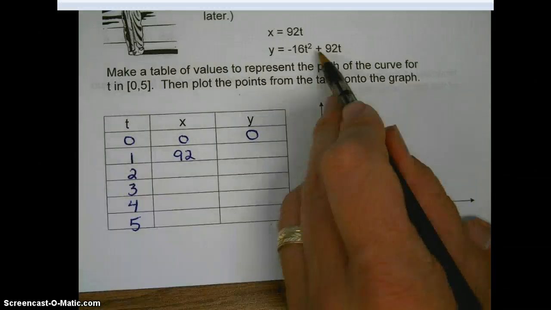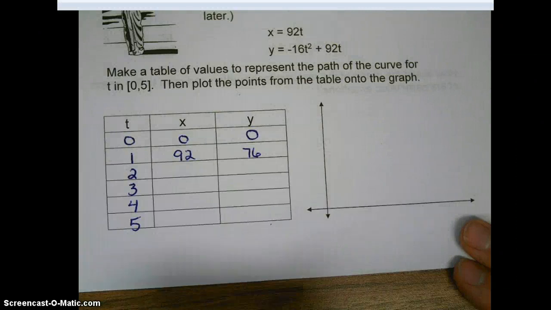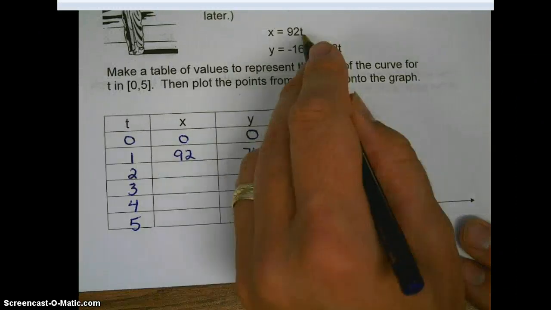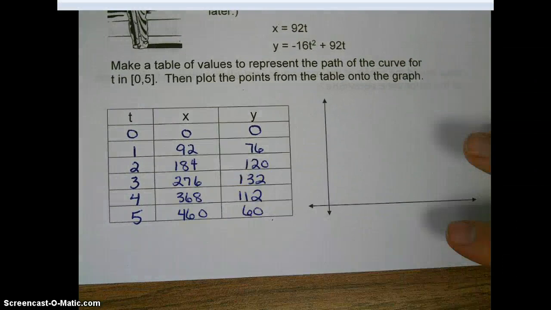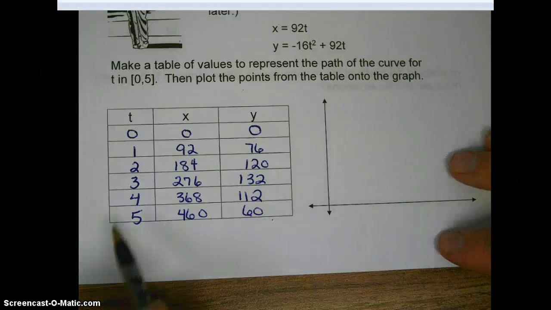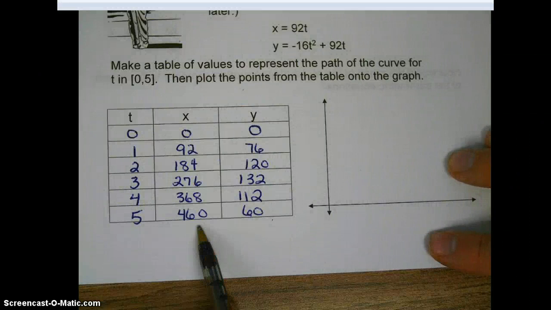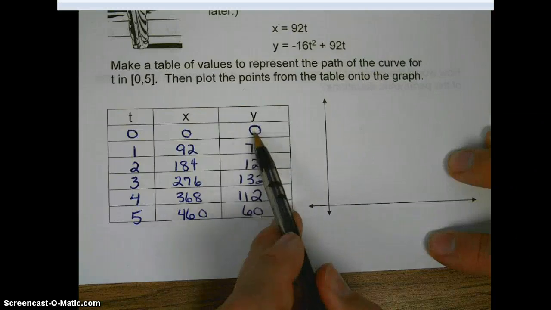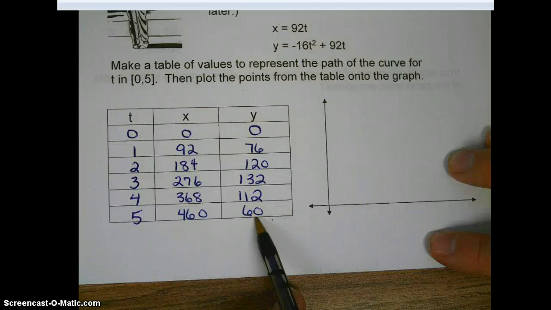Plug 1 in here, we get 76. Plugging 2 in for t, just continue with that same process. Notice as time increases, x is increasing, but y is increasing and then decreasing.